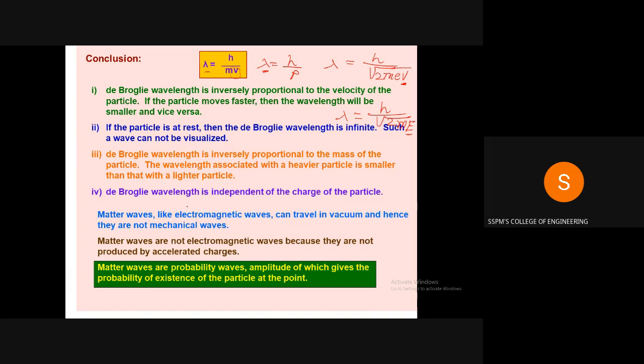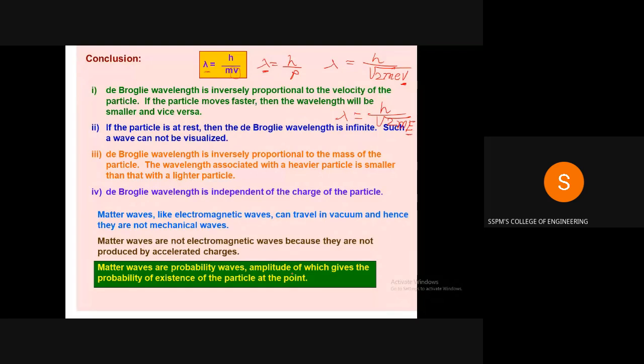Matter waves, like electromagnetic waves, can travel in vacuum and hence they are not mechanical waves. Matter waves are not electromagnetic waves because they are not produced by accelerated charges. Matter waves are probability waves, the amplitude of which gives the probability of existence of the particle at that point.